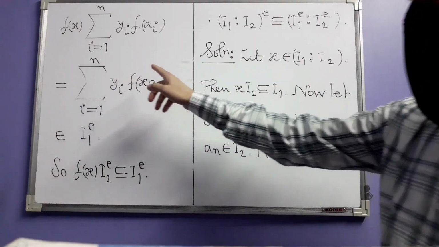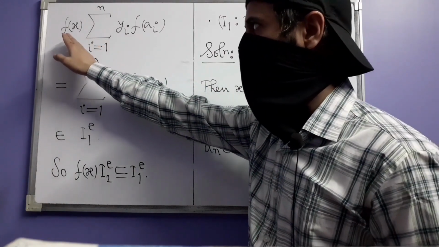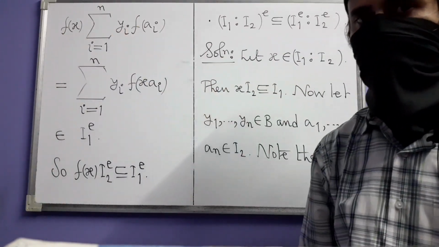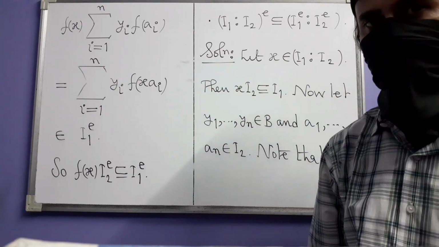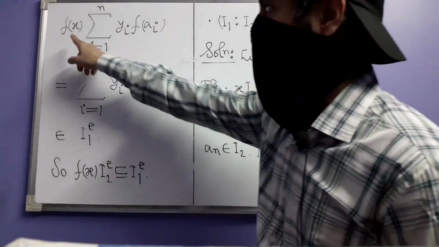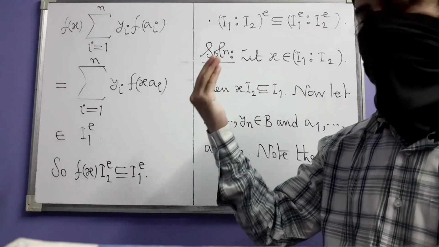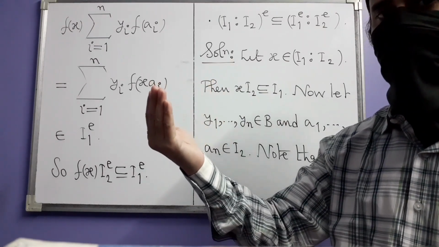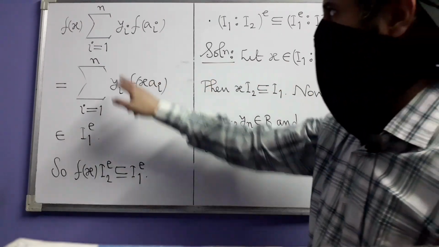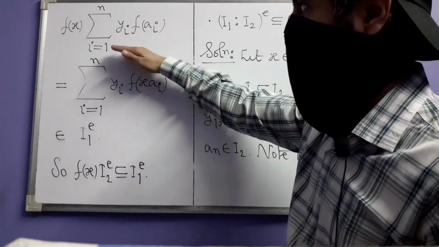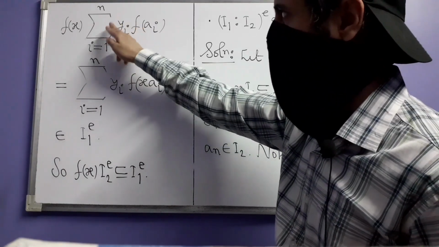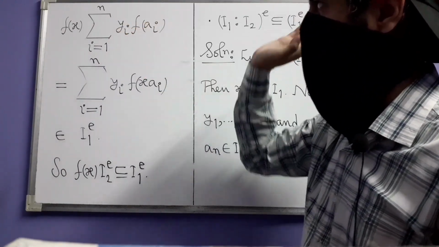It becomes this. How? There are some intermediate steps which I have not written. See, first of all, you are able to apply the left distributive law in your ring B. Using that, you can take the f of x inside. So it gets multiplied with all the terms of the sum. So the next line ideally would be summation f of x yi f of ai.